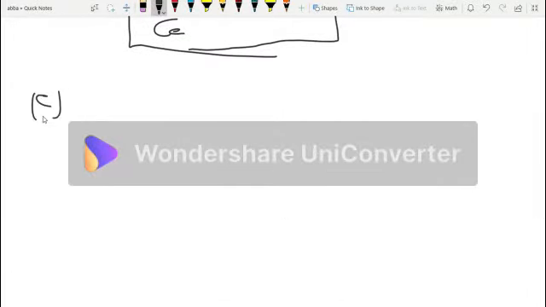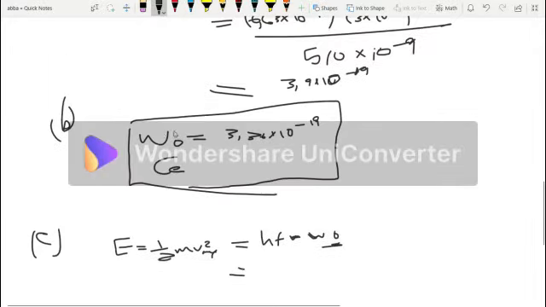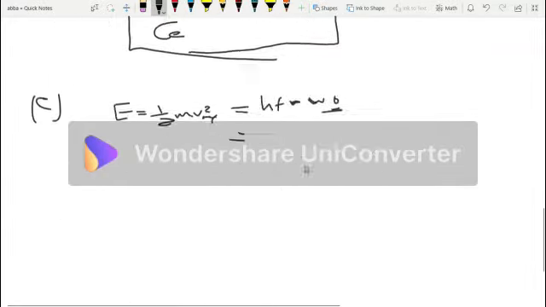So now let's go to C. They said to determine the maximum kinetic energy. Now the kinetic energy is half mv squared, this is the max. But in our terms, we're going to use hf minus the work function. We have the work function here and we have the energy here. We're just going to replace them.